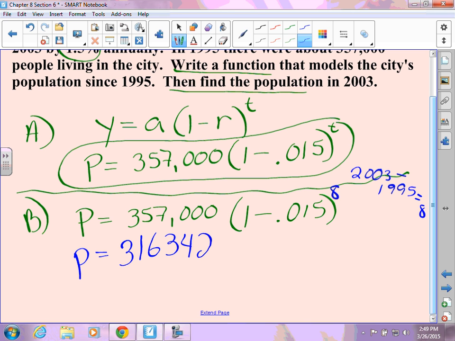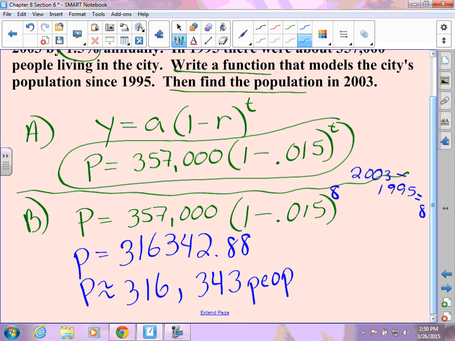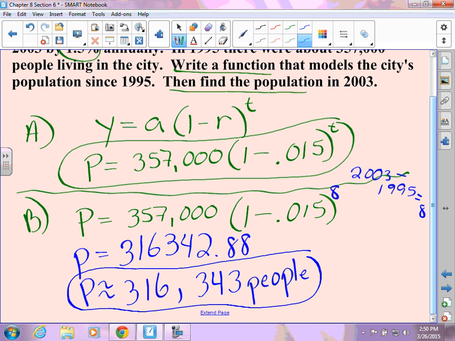Then we need to answer the question. I'm not going to have 0.88 people, so the population is approximately 316,343 people. That's how many people are in this town after 8 years, if it continues to decrease.